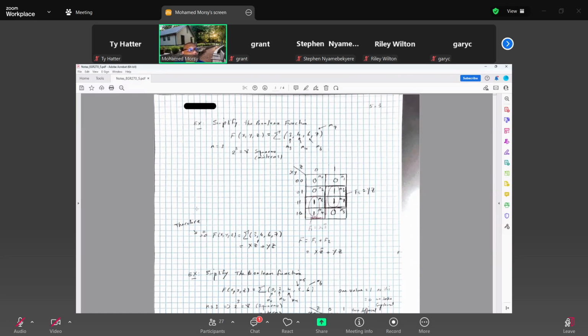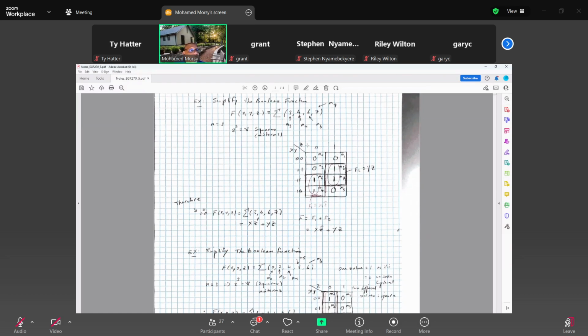So we have the standard Karnaugh map for 3 variables. We look at M3, M3 here is 1. M4 here is 1. M6 is 1, and M7 is 1.